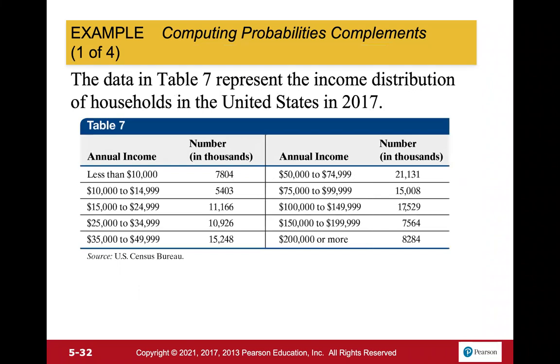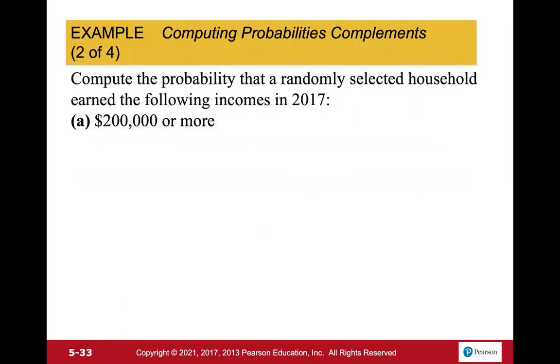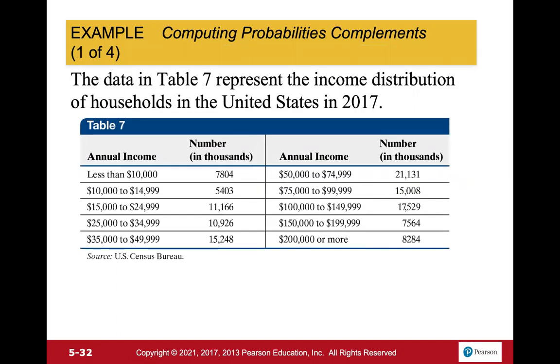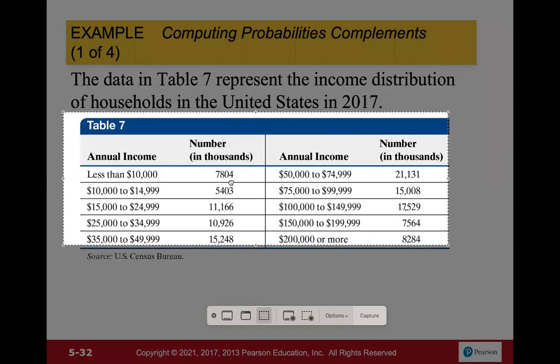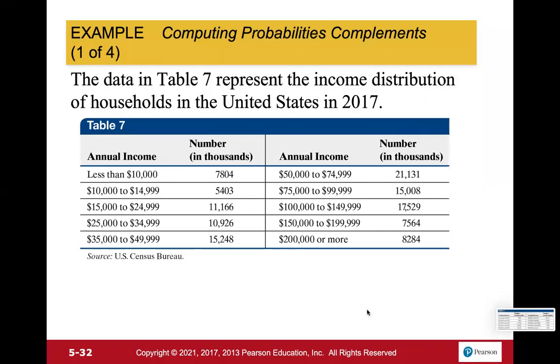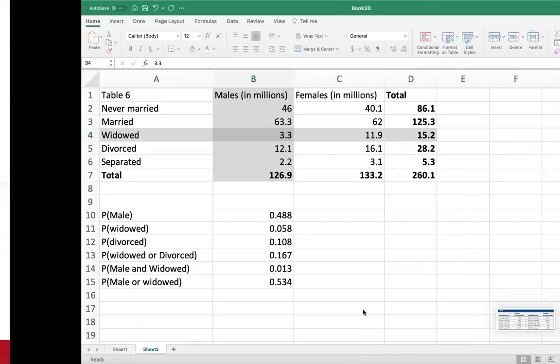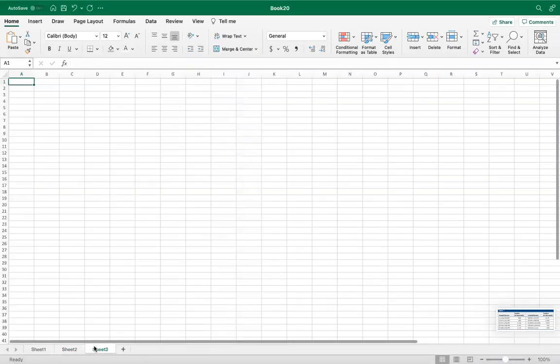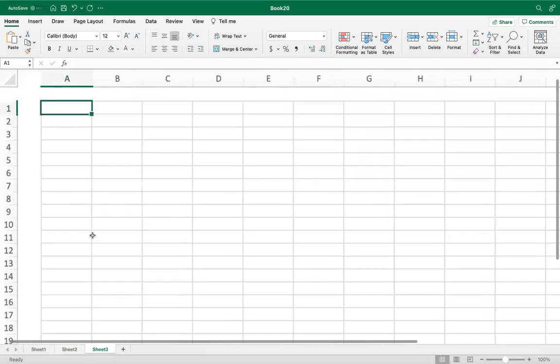And looking at this data, the data in table 7 represents the income distribution of households in the US in 2017. So this is going to be a slightly more applicable question. All right, so let's take a snapshot of this. It's almost perfect. And we're going to use this to help us answer those last couple of questions.